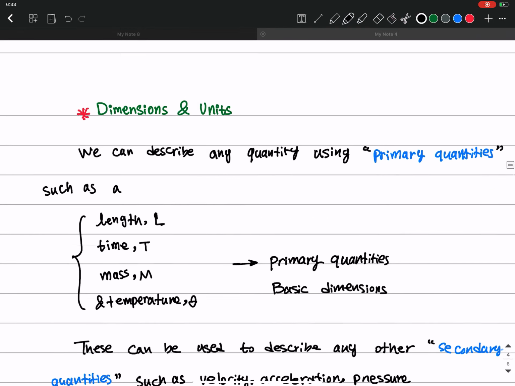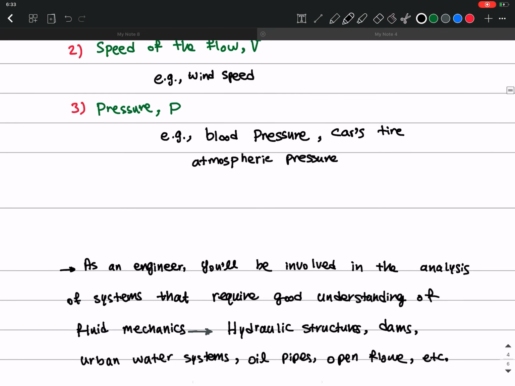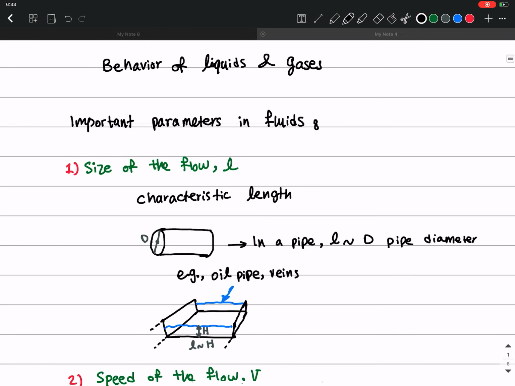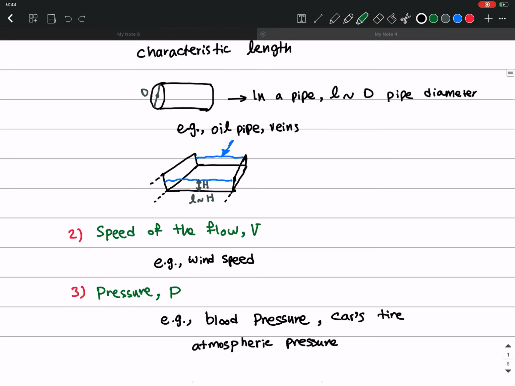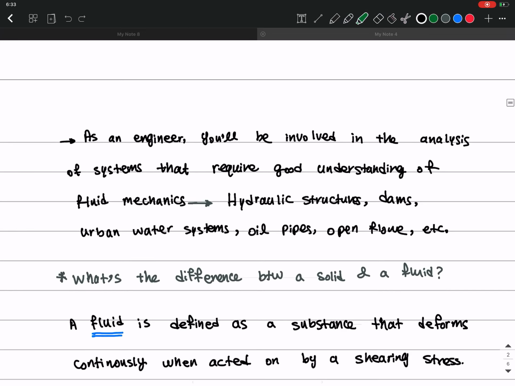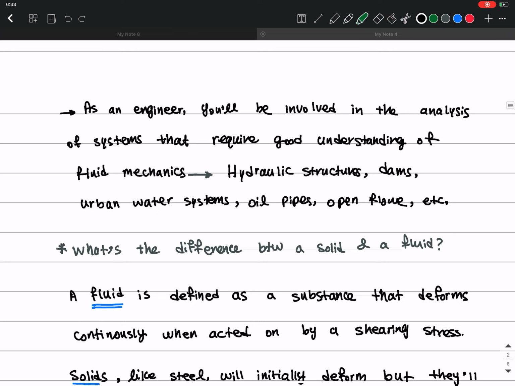Okay. So let me go through what we have learned today. So first, we defined fluid mechanics and important parameters in fluid mechanics, which are size of the flow, or length, which we showed with L, a characteristic length, speed of the flow, which we showed with V, and pressure, which we showed with P. And then we talked about different applications that need fluid mechanics, like hydraulic structures, dams, urban water systems, oil pipes, open channel flows.